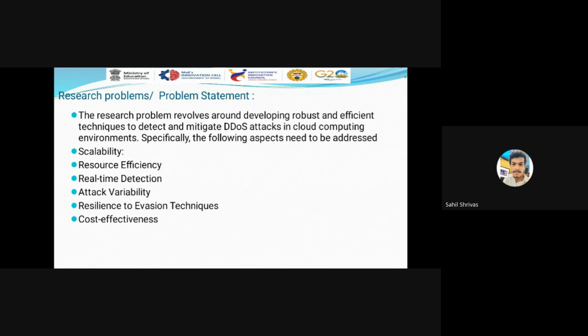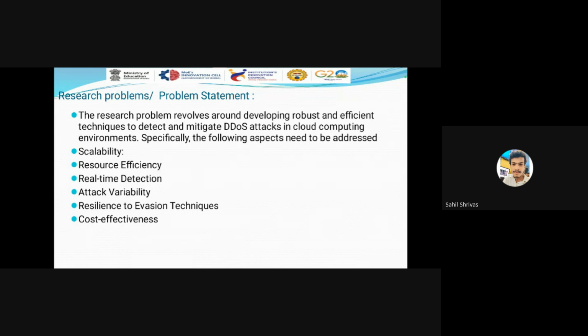Traditional DDoS mitigation approaches may not scale effectively to handle the large volume of traffic in cloud environments. There is a need for scalable detection and mitigation mechanisms that can adapt to varying traffic patterns and effectively handle attacks of different magnitudes.